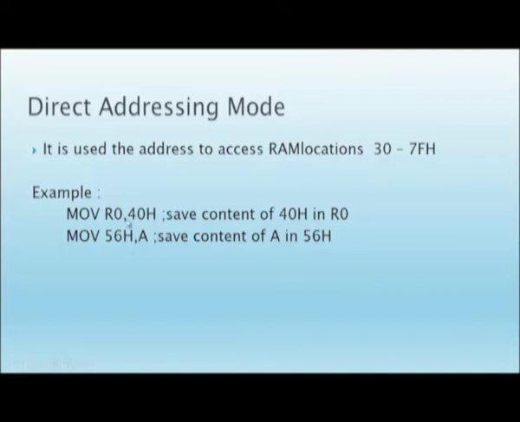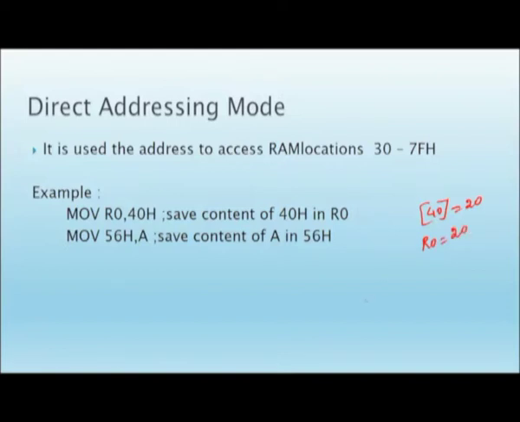Take the example MOV R0 comma 40. The 40 is a number or operand which is not immediate data, because there is no symbol. How does it operate? The source specifies the address, and the content of address 40 is moved to R0. Suppose the content of 40 is 20, then after executing this instruction R0 value is 20.